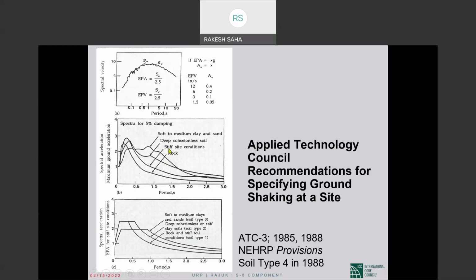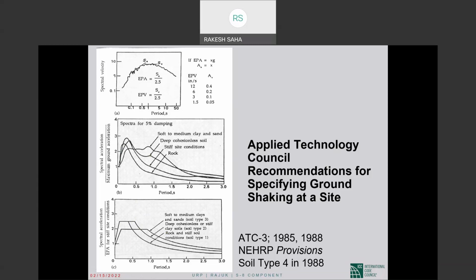The deep cohesionless soil remained soil type 2, and the soft is soil type 3. Okay? And for design purposes, you see they have changed the shapes somewhat because they thought that the altered shapes are more suitable for design.